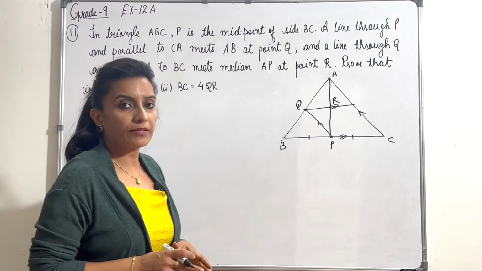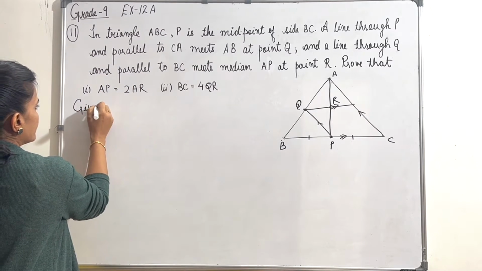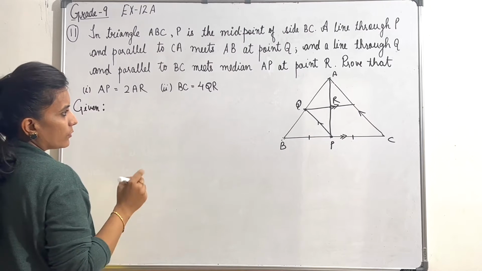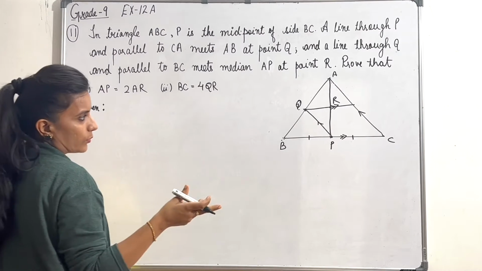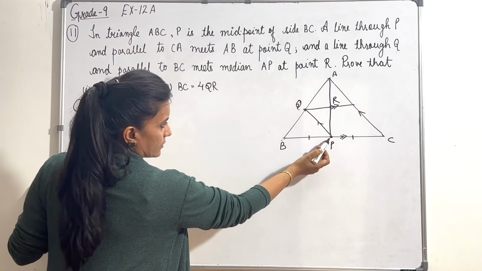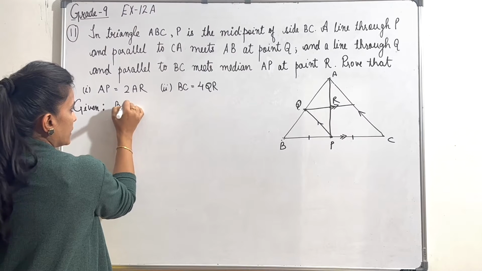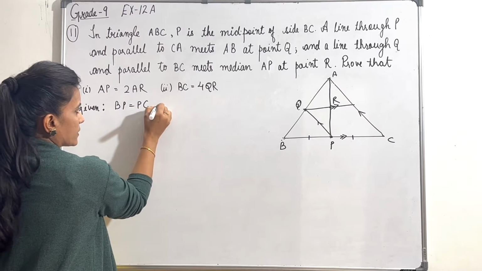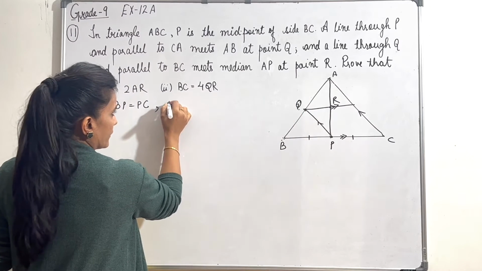So first we will write down what is given in the question. We will only write down the important things given. Here P is the midpoint of BC, so BP is equal to PC. This is given. Then PQ is parallel to CA.